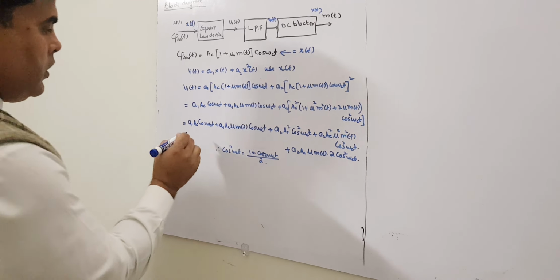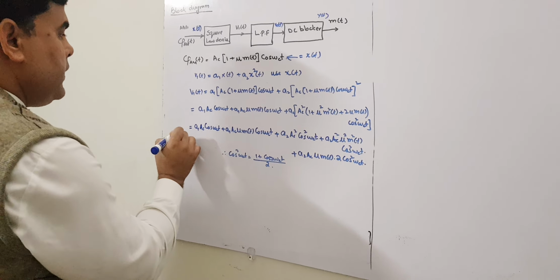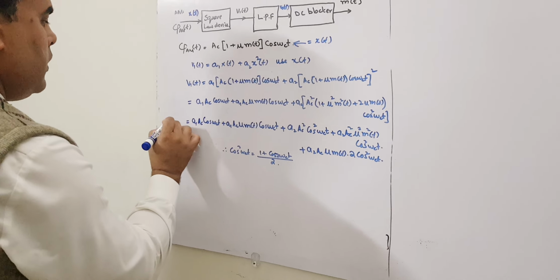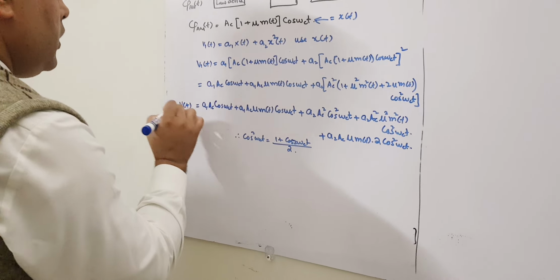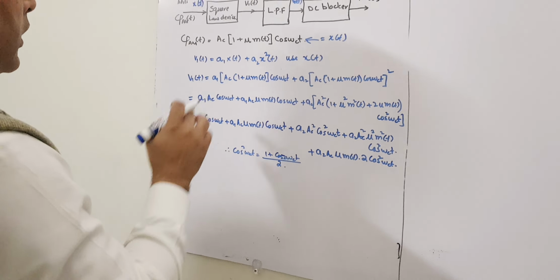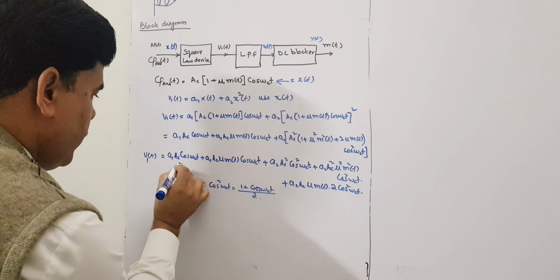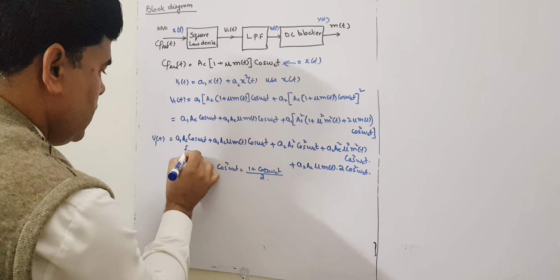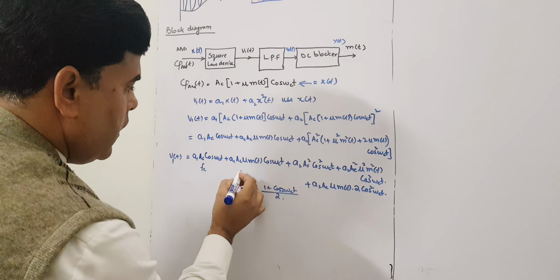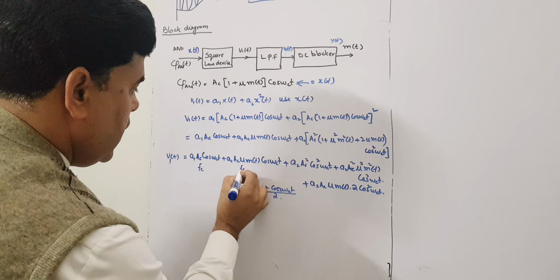So that is basically the output of a square law device. We know that the frequency of this signal is fc, and the frequency of that signal is again fc.